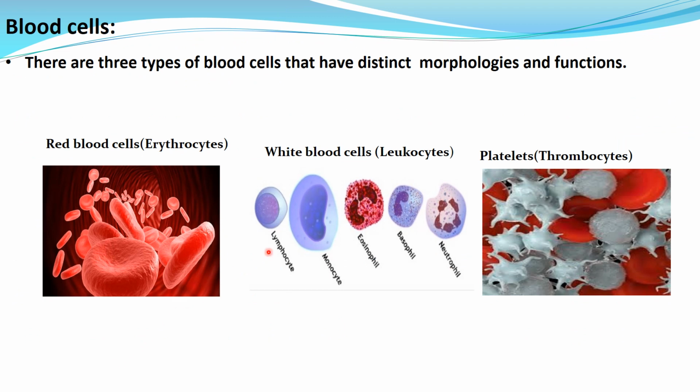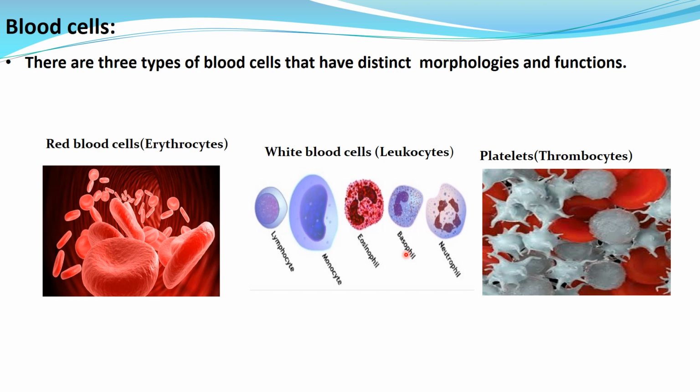So we are done with the plasma, and we mentioned the most structural components of the plasma and the roles of the plasma in the circulatory system. So now I'm going to explain the cells of the blood.